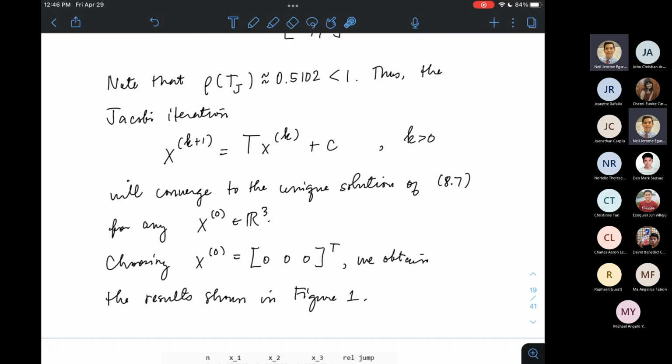So bahala kayo pumili kung ano yung initial vector na pipiliin nyo kung di-specified siya ng problem. Tapos, ira-run ko na yung Jacobi iteration kasi alam ko na si T, alam ko na si C. Lagyan ko pala to ng subscript, T_J at saka C_J to differentiate it later with the transition matrix and the scaling and the translating vector sa Gauss-Seidel at saka sa SOR method. Okay?